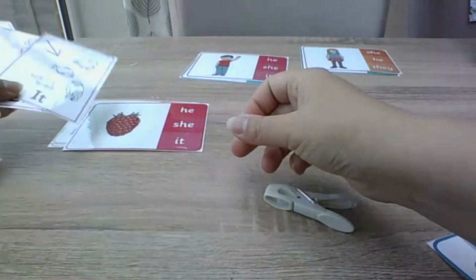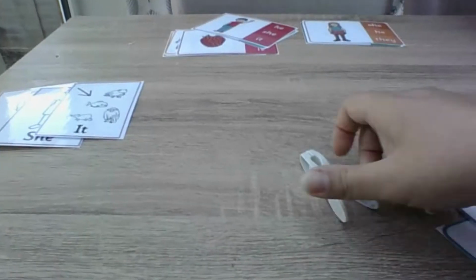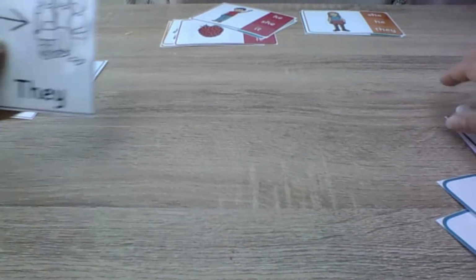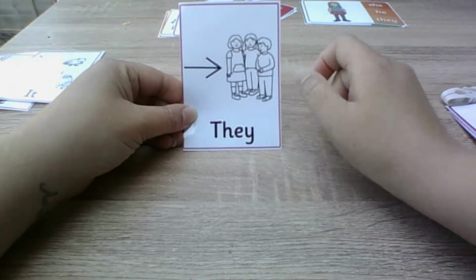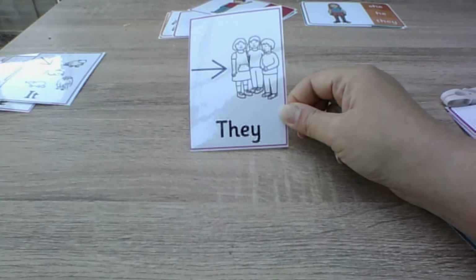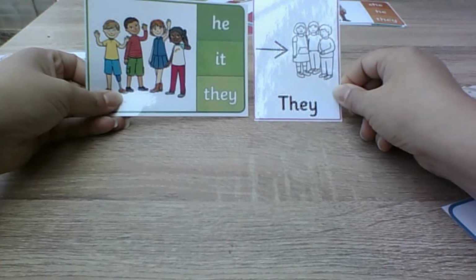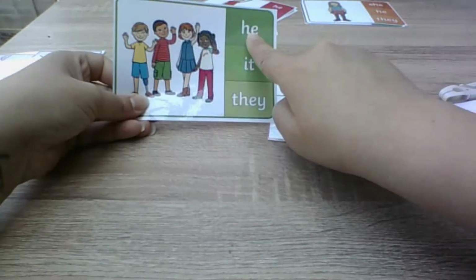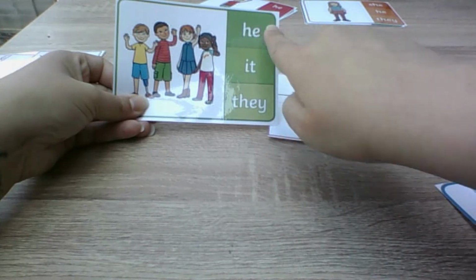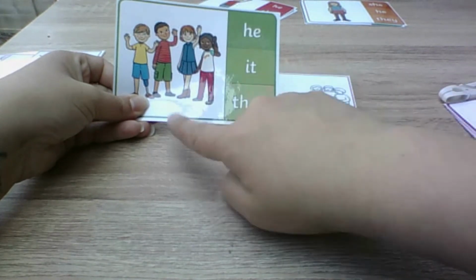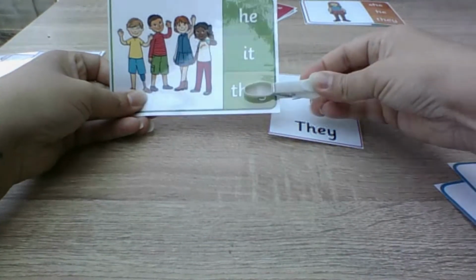When their understanding of he, she, and it is embedded, then we can also look at they. They obviously refers to a group of people or objects. So in this case, there is a group of boys and girls, and obviously they would be classed as they.